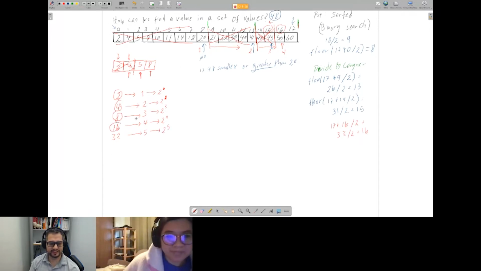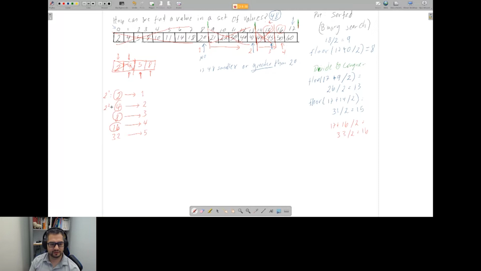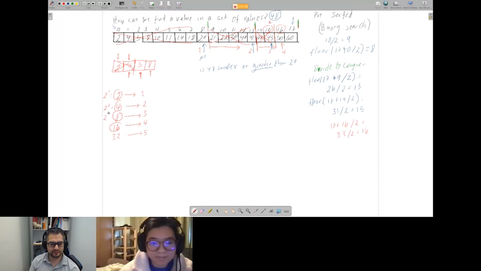I should probably write the values on the other end. It's just I didn't plan for this. So this is 2 to the 1, this is 2 to the 2, this is 2 to the 3, this is 2 to the 4, this is 2 to the 5.